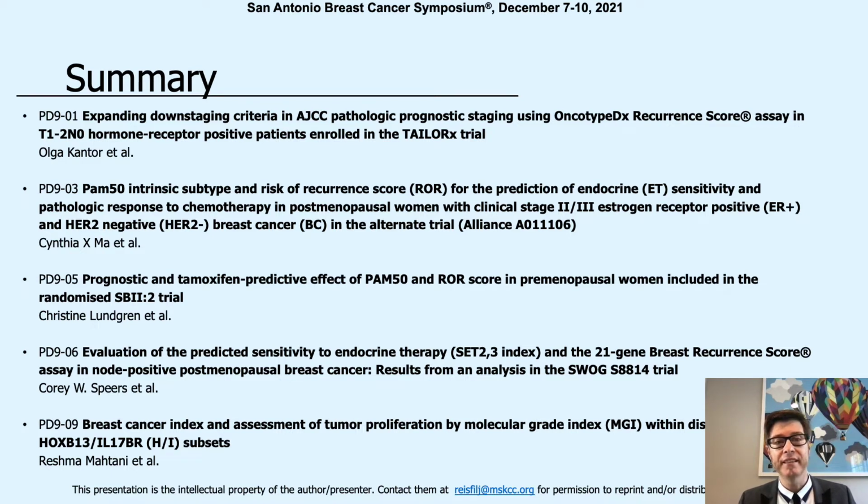Poster 6 focuses on the SET23 index. That's slightly different. It's a combinatorial index and also Oncotype DX results. And poster 9 focuses on the breast cancer index, but the 2 different components, the molecular grade index and the HOXB13 IL-7BR ratios.